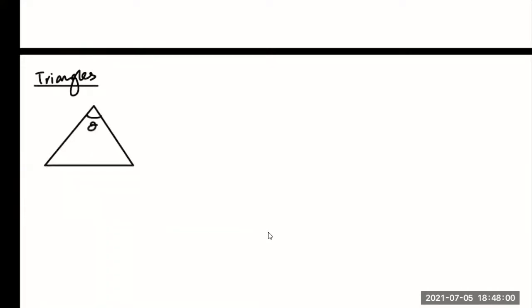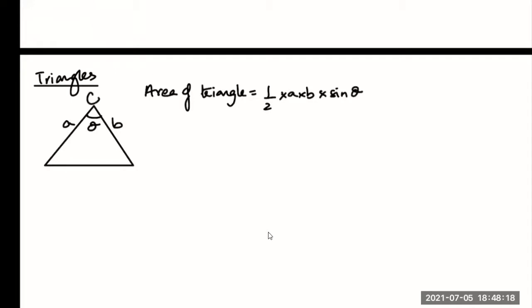So if this is the angle theta and I label these sides as A and B, then the area of triangle is basically half into A into B into sine of theta or sine of C. You must have done C, which is the capital C. So it's basically the sine of the inclusive angle of the two sides into half.